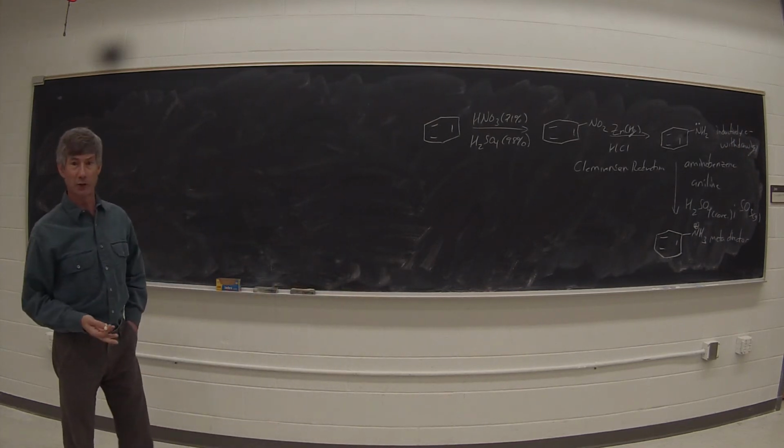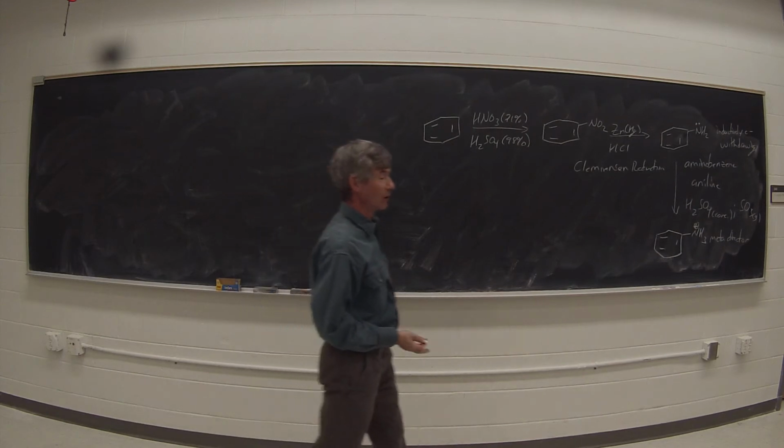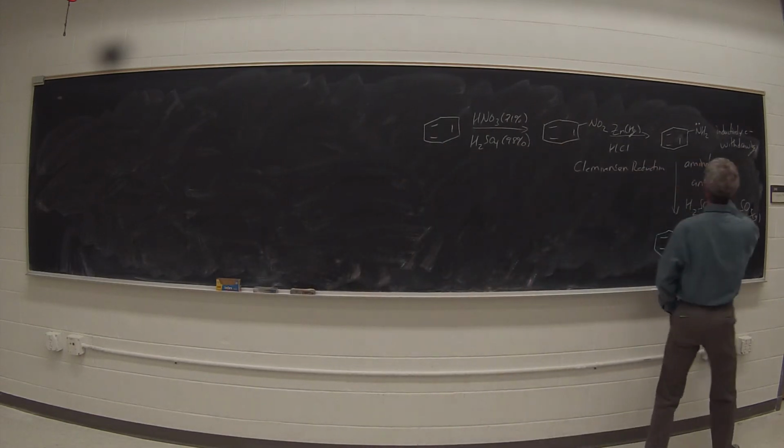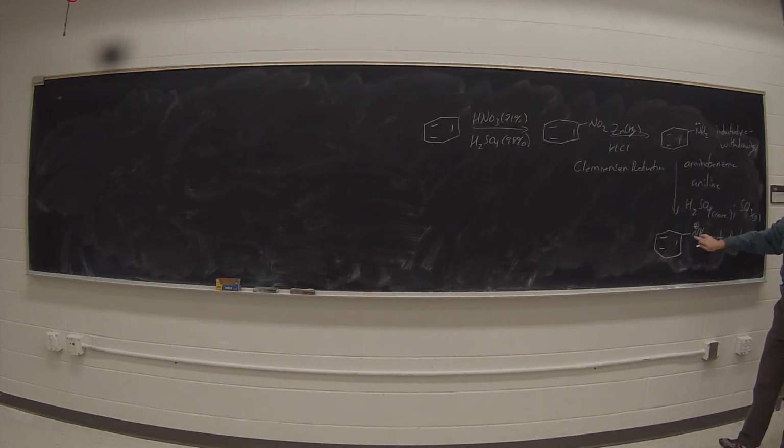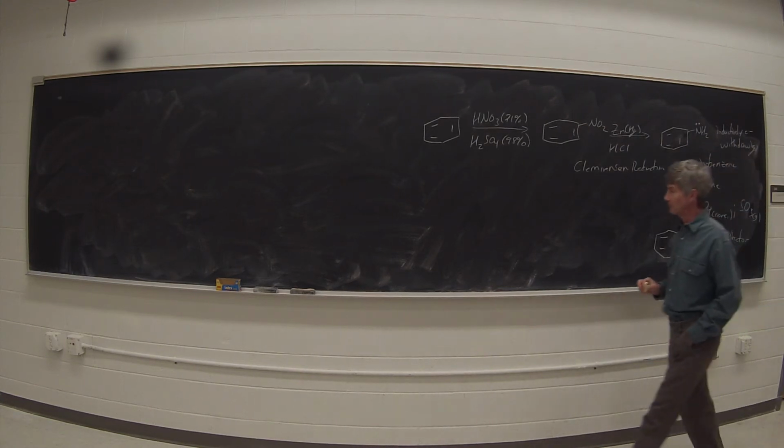So the question is, how do we protect that NH2 group? What we want is to retain the lone pair so that we can still have the resonance electron donating effect that makes it an ortho-para director, but we would like to make that lone pair less reactive, less basic, so that it won't get protonated under the strongly acidic conditions for sulfonation.